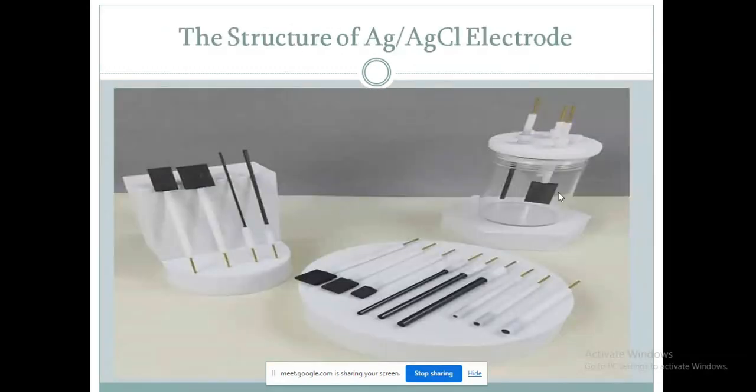this is the beaker. In this, the silver chloride ionic side is connected to the solution under test by an electrolyte bridge, which is a dilute potassium chloride solution, also saturated with the precipitated silver.